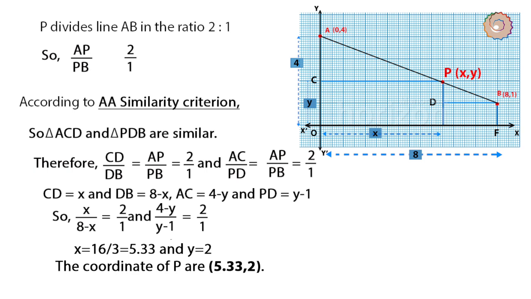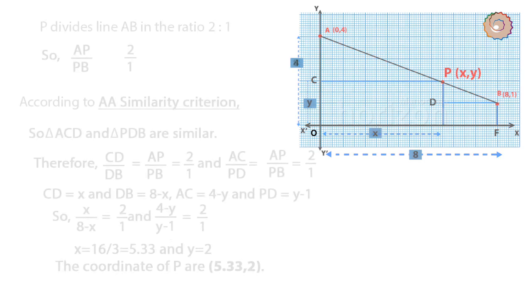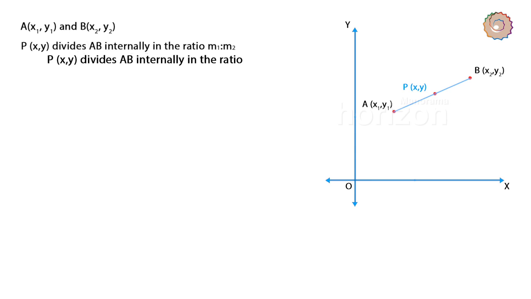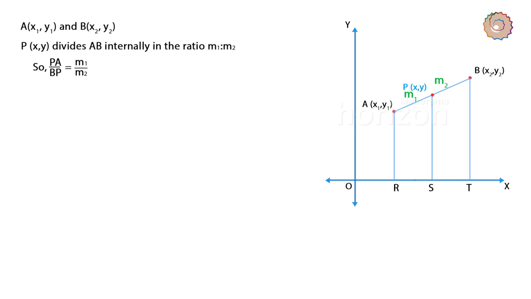Now that we have understood this concept, let's formulate this. Consider any two points A (x1, y1) and B (x2, y2) and assume that P (x, y) divides AB internally in the ratio m1:m2. So PA by BP equals m1 by m2. Draw AR, PS and BT perpendicular to the x-axis.